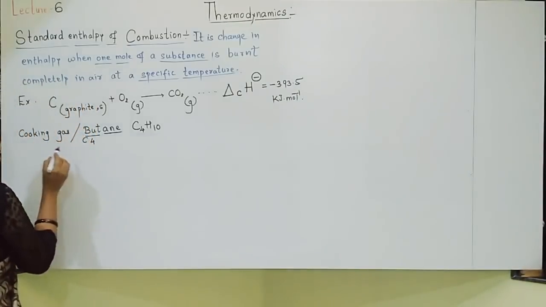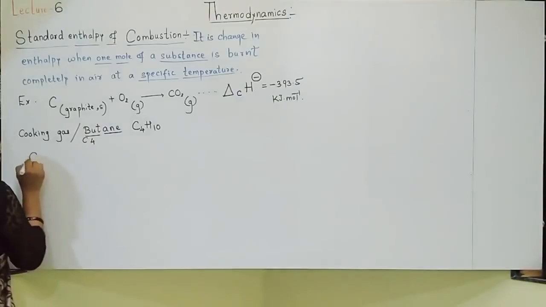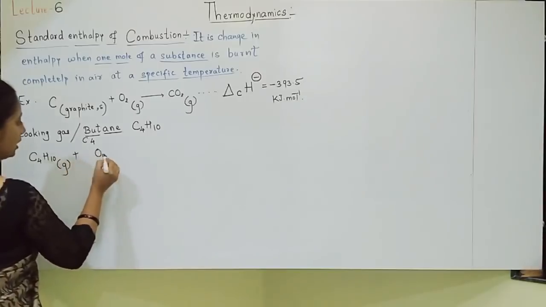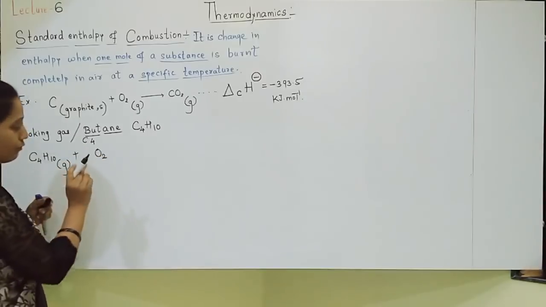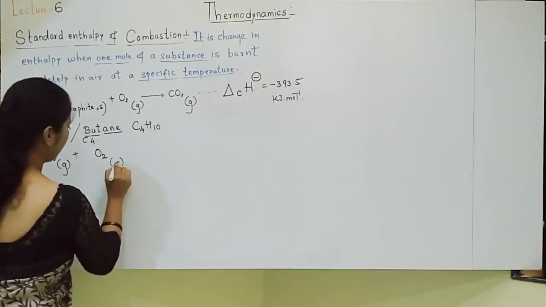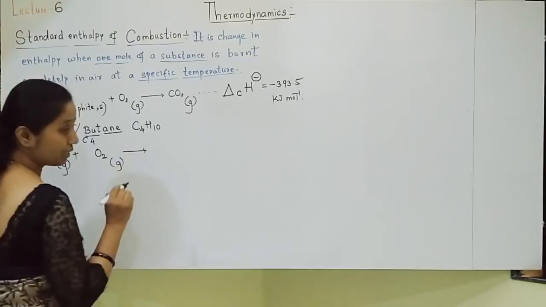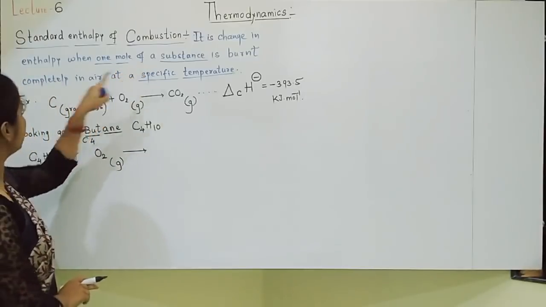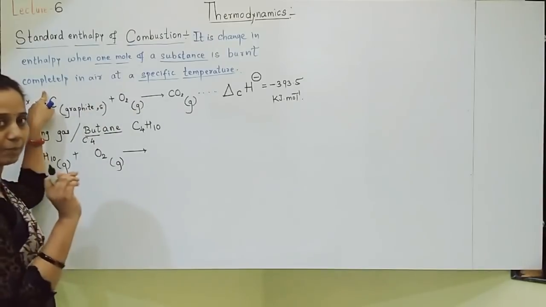Okay, I am writing the combustion equation for cooking gas butane. Butane formula C4H10, it is a gas, plus oxygen, because combustion always takes place in presence of oxygen. So students, I have added oxygen. Substance is burned completely, so complete combustion should take place.